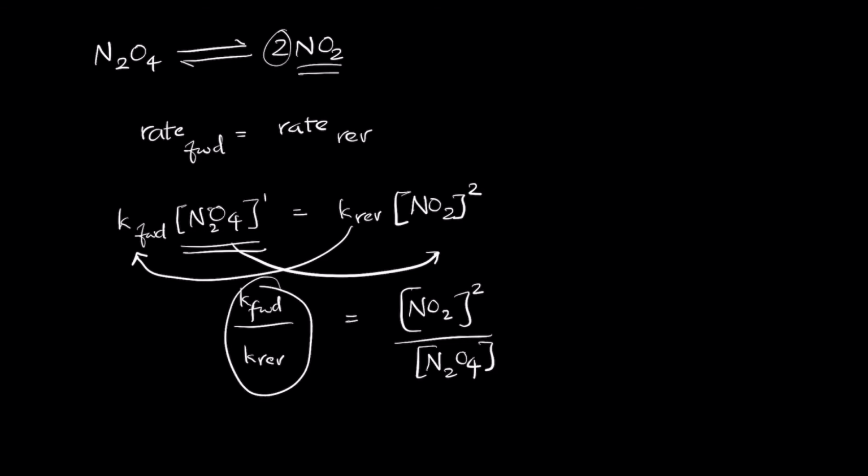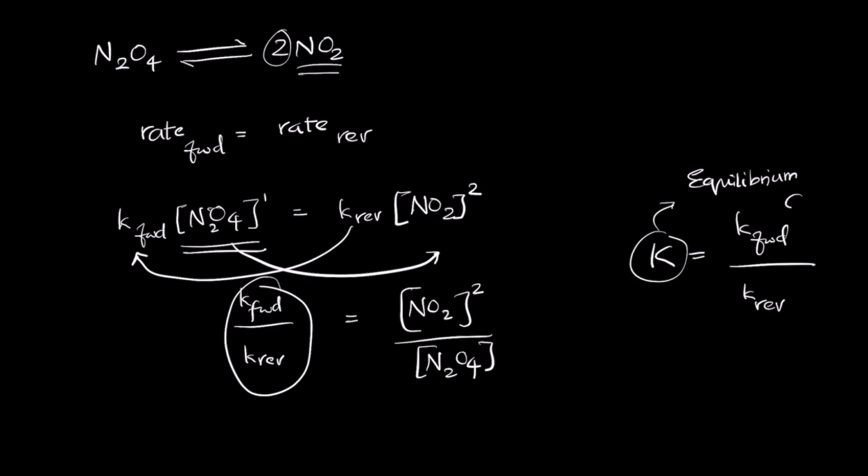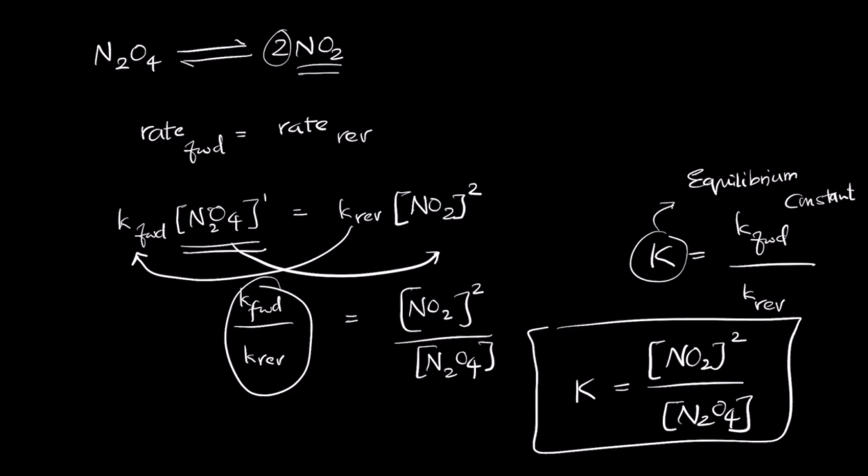This ratio of the rate constant of the forward reaction over the rate constant of the reverse reaction is called the equilibrium constant K. So K forward by K reverse is called the equilibrium constant, and from this we can write that K is equal to NO2 squared over N2O4. This is how we write the equilibrium constant for a given reaction like this.